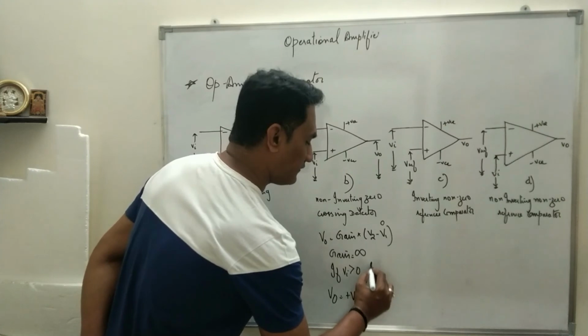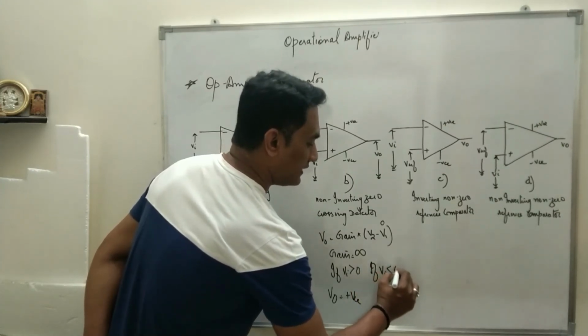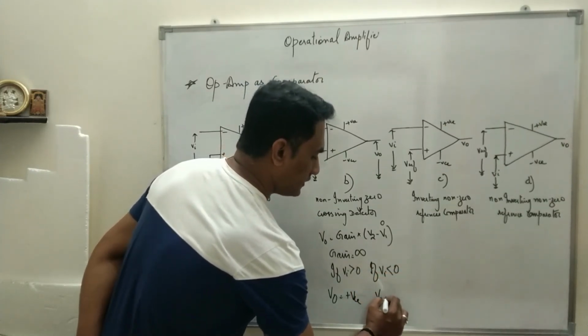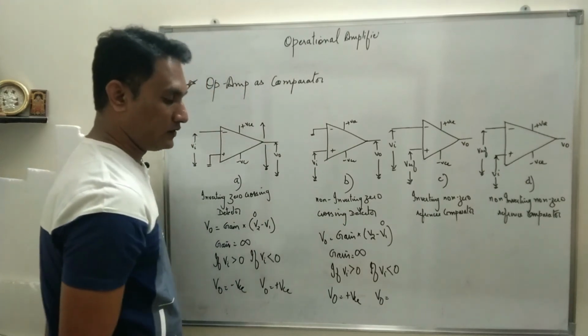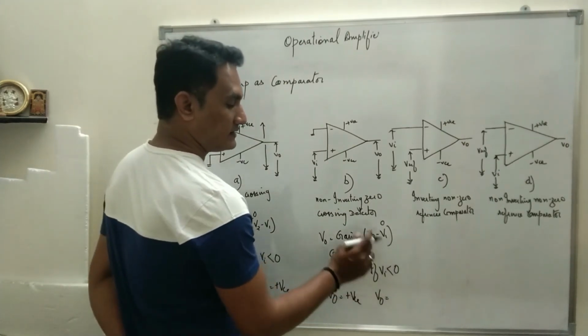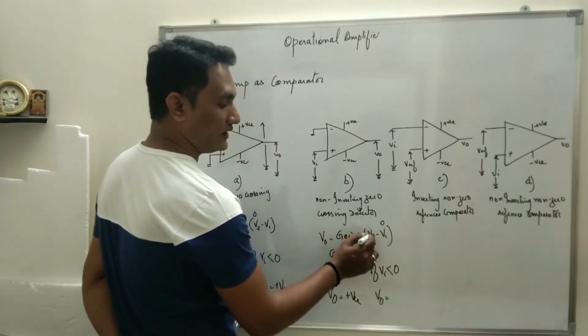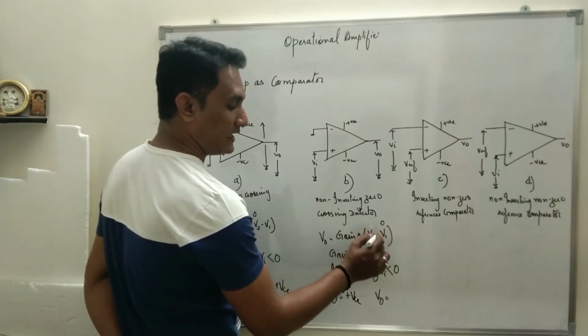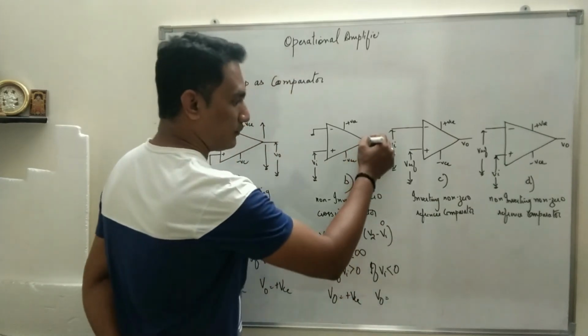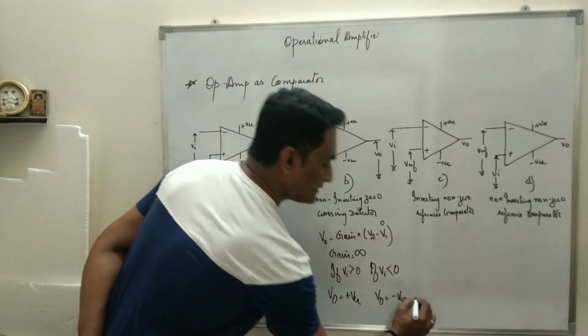Okay, similarly if Vi is less than 0, then what will be V0? If Vi is less than 0, that means this is 0, and Vi, which is the voltage applied at V2, is less than 0, the difference will be negative, and the output will keep on increasing till minus saturation.